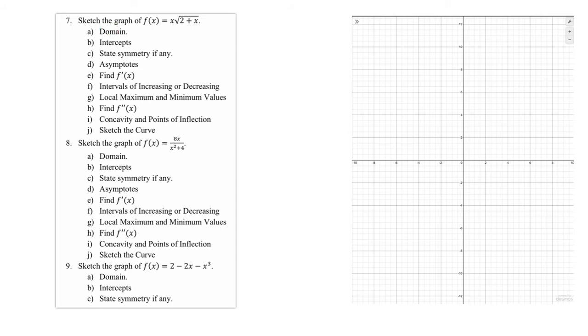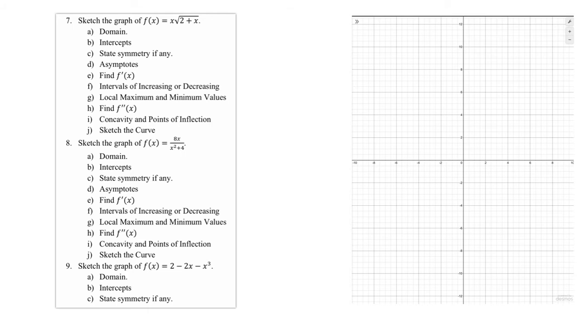7a says, what is the domain of this? Well, first of all, we know the domain is not allowed to be such that the number under the square root symbol is negative. So we need to make sure that all the x values on this graph are such that this radicand would be either 0 or positive.